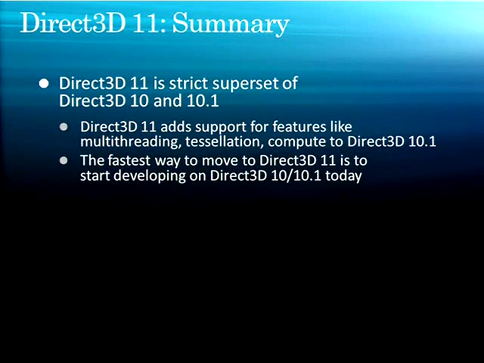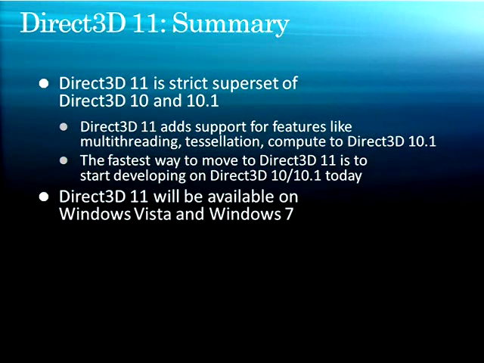So for Direct3D 11, the summary here is that, again, I want everybody to understand it's just a superset of 10 and 10.1. It adds support for features like multi-threading, like tessellation, like the compute shader. You know, the fastest way to move to 11 is actually to start becoming familiar with 10 and 10.1 if you're not already. This will be available on Windows Vista and Windows 7.